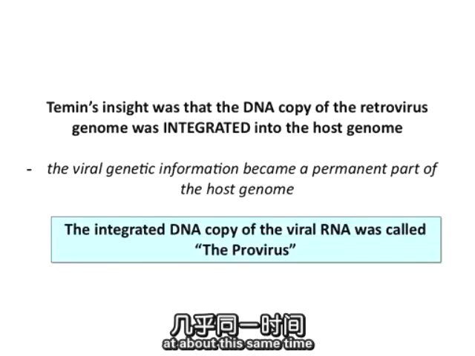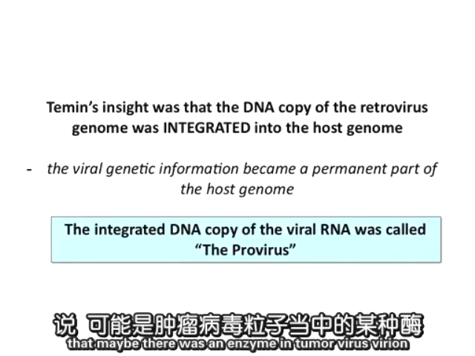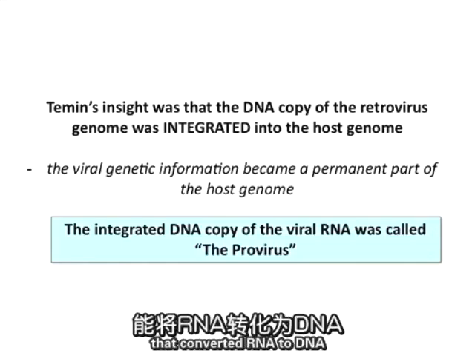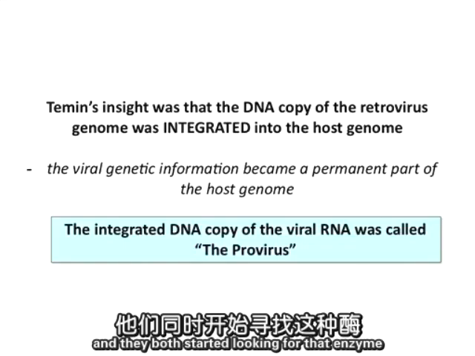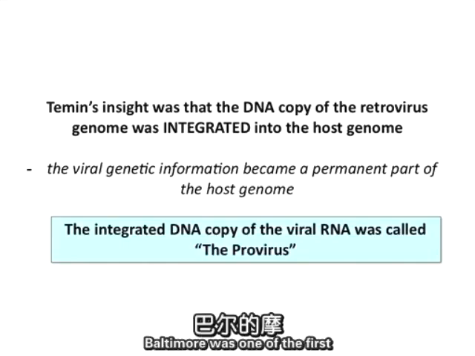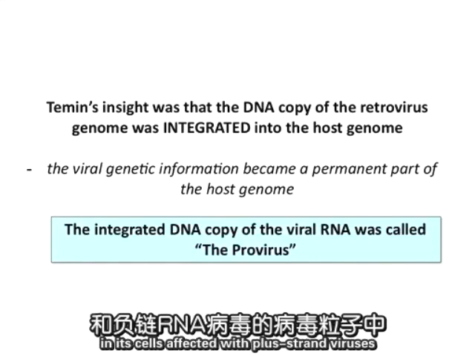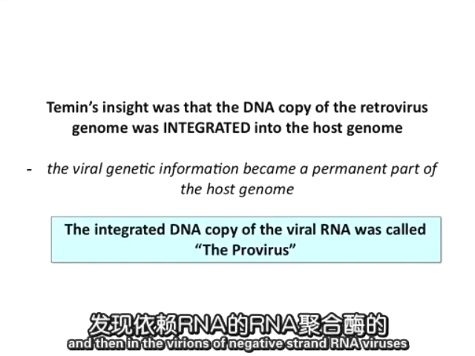At about the same time, both Temin and Baltimore had the idea that maybe there was an enzyme in the tumor virus virion that converted RNA to DNA, and they both started looking for that enzyme. Now remember from our talk about RNA synthesis, Baltimore was one of the first to discover an RNA-dependent RNA polymerase in cells infected with plus-strand viruses, and then in the virions of negative-strand RNA viruses.